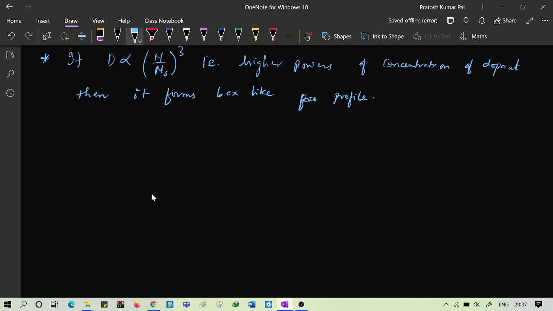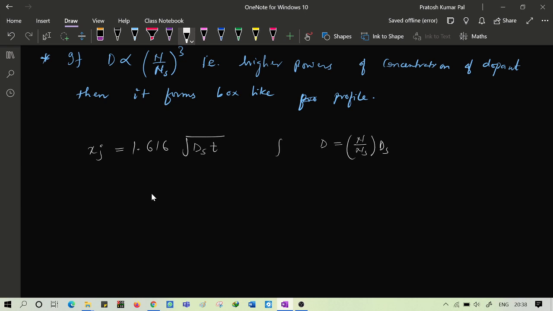and this junction depth in each case is given as 1.616 into under root Ds into t. So this is the junction depth relation in case of the diffusion coefficient having a relation n by ns to the power 1.